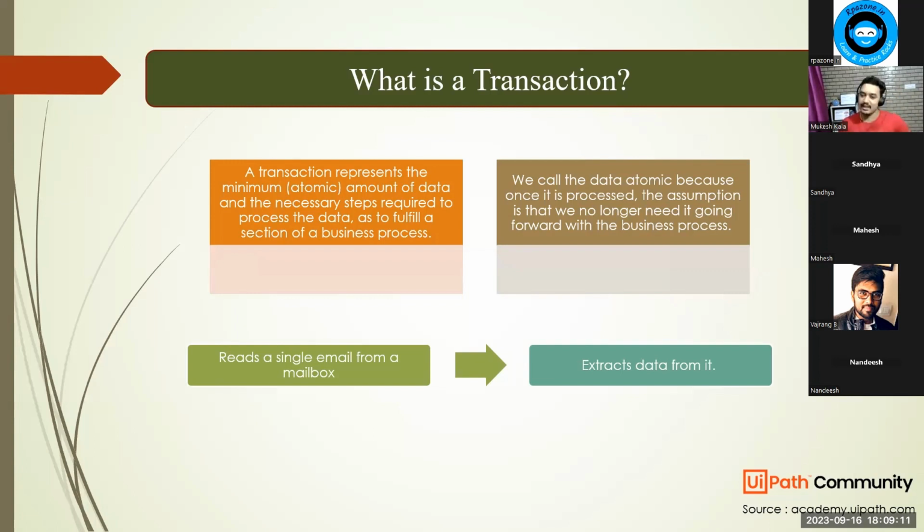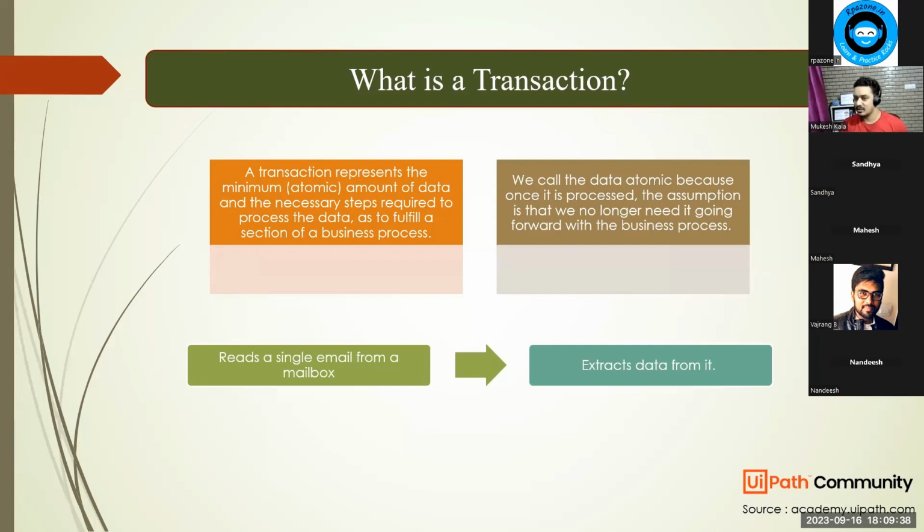Technically, if I ask you to read an email from a mailbox and extract some information, then reading the email and extracting the information becomes a transaction. Before you start any automation, at least in the robotics enterprise framework, it is important to define exactly what the transaction is.